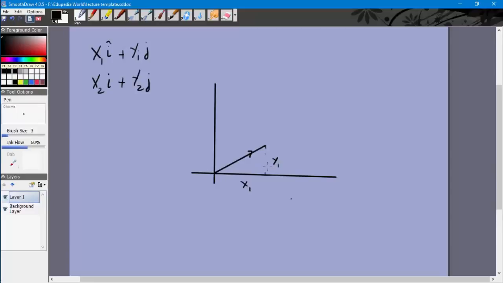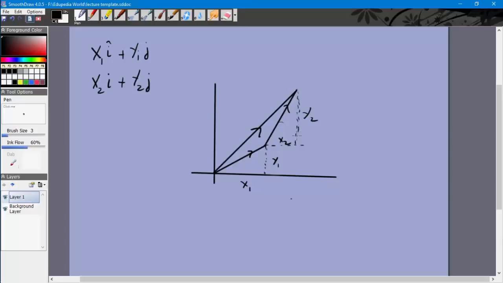This is the first vector, right? X component has a length of x1, y component has a length of y1. Now you add the second vector to it starting here. Let's say the second vector is something like this. So this length would be the length x2, right? The component of this vector, which is x2i plus y2j, and this length would be y2. The sum of these two vectors would be this vector.